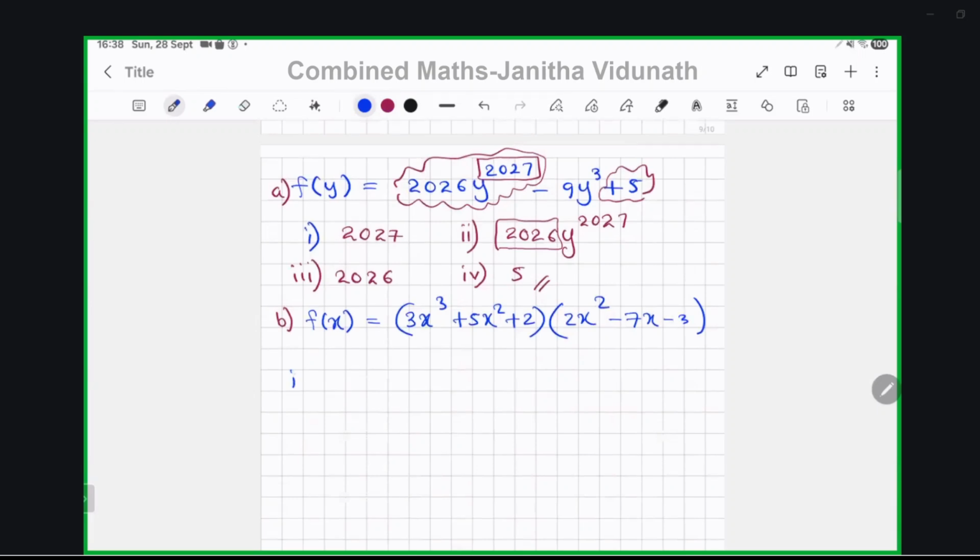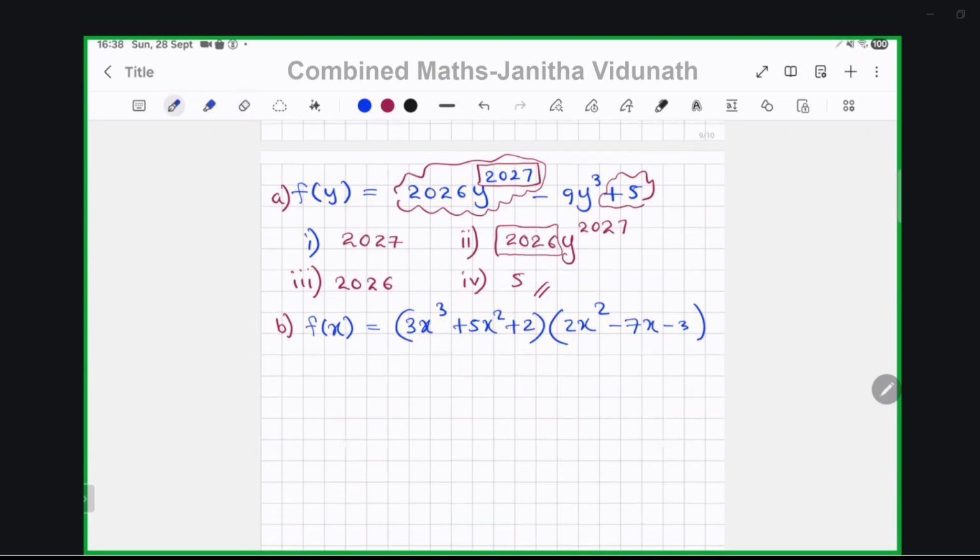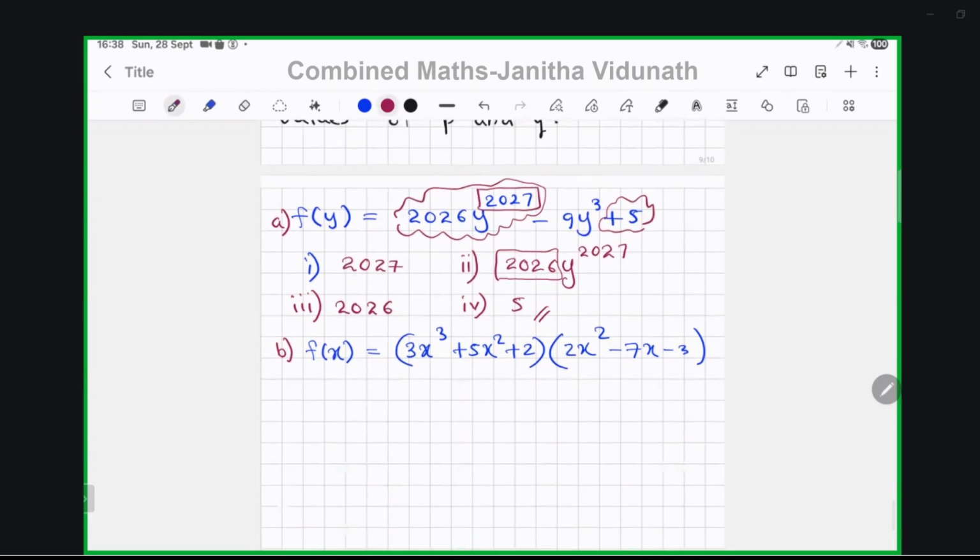Now we need to identify the leading term to get the degree, leading term, and leading coefficient. Here we already discussed those things. The highest power term, or the leading term, of the first bracket is 3x cube, and the leading term of the second bracket is 2x square.